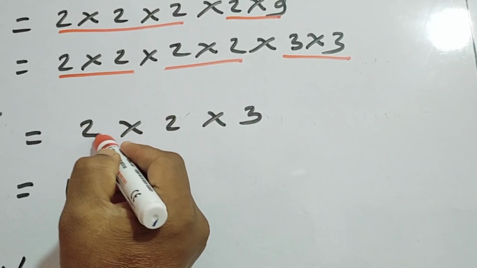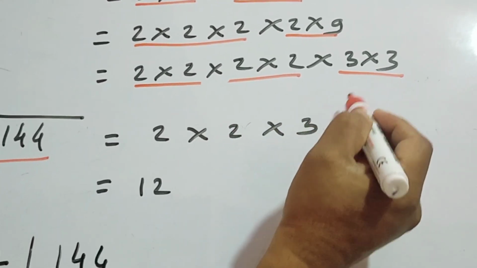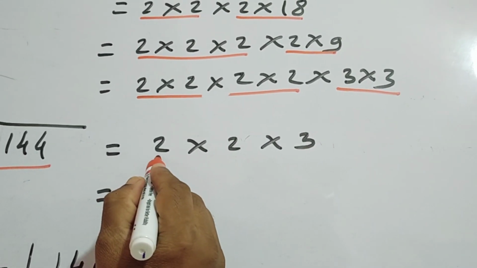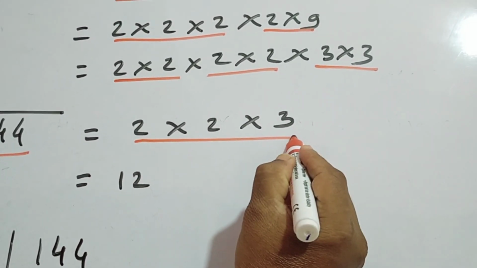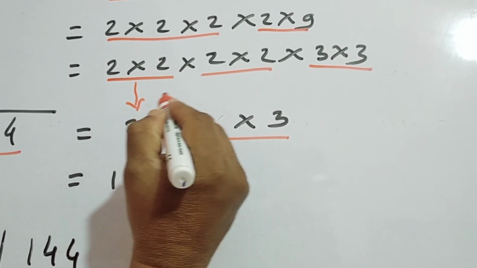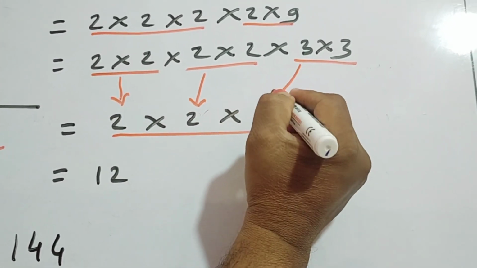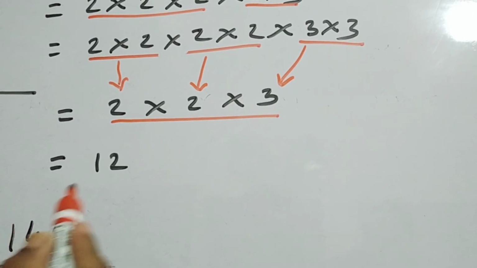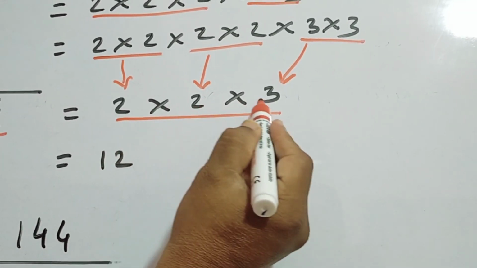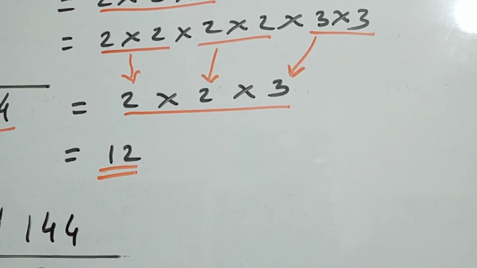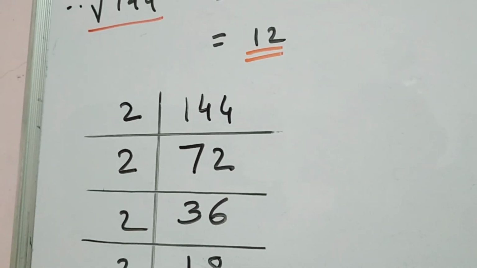Now 1 2 from here, 1 2 from here and 1 3 from here. So equal to 2 into 2 into 3. Take one number from each pair like this. And then multiply 2 into 2 4, 4 into 3 12. So 12 is the square root of 144.